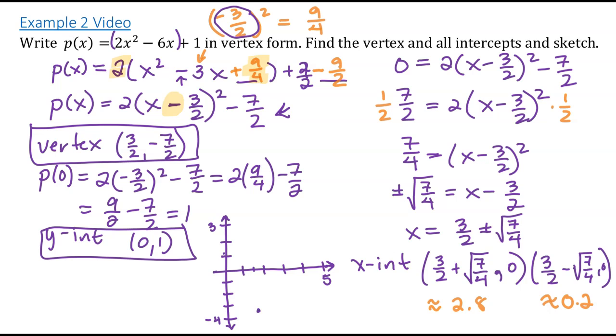So roughly here, 3/2, negative 7/2. And then my y-intercept is 0, 1. My x-intercepts are just shy of the origin, 0.2, 0, and just before 3, 2.8, 0.